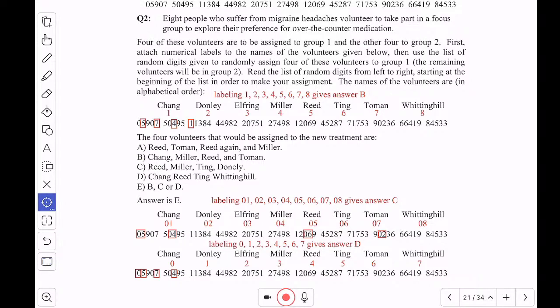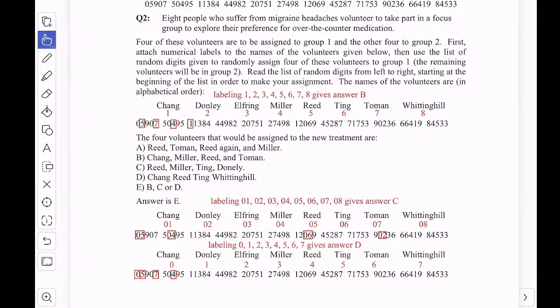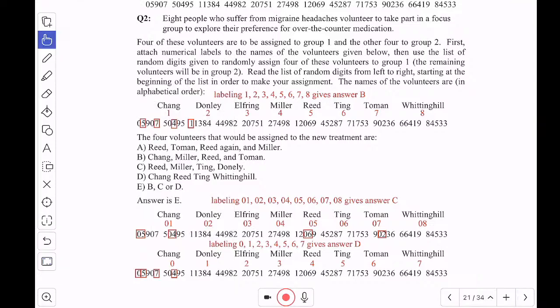So without instructions on how to label, I could have gotten a different sample.